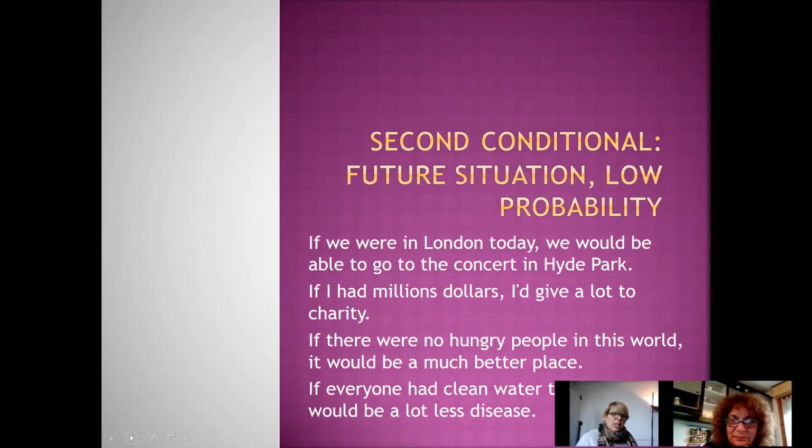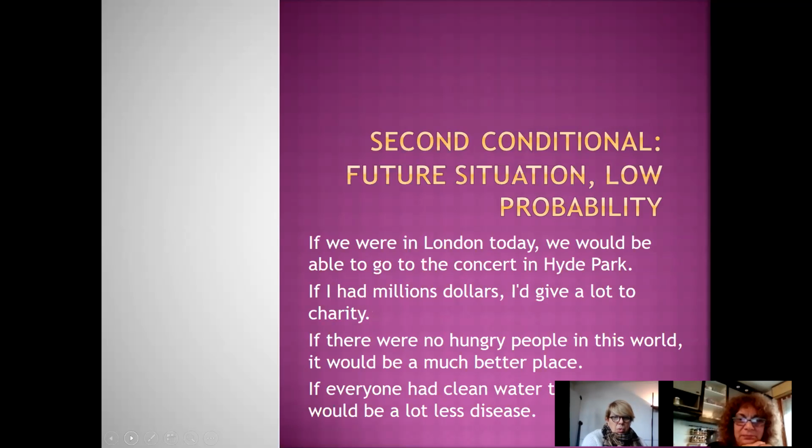Second conditional, Olga, tell us about it. Second conditional, future situation, low probability. If we were in London today, we would be able to go to the concert in Hyde Park. If I had millions of dollars, I'd give a lot to charity.